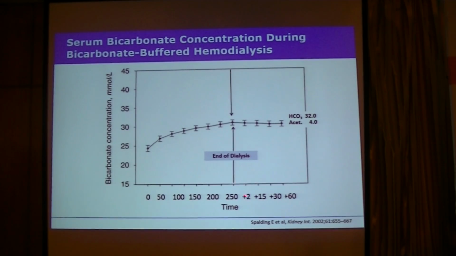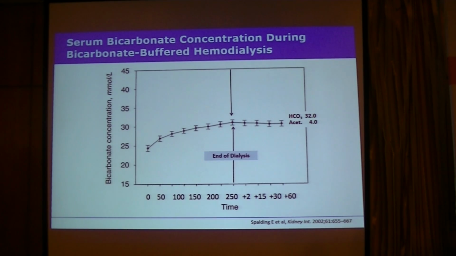This is a text from Spalding, just to show you. When you do bicarbonate hemodialysis, and this is 4 hours, of course there is a correction of the bicarbonate, and you see from the starting point 24, you gain up to 30 millimoles. But if you follow the patient at the end of the session, there is a sort of rebound or overshooting of the bicarbonate, depending on the concentration of acetate.